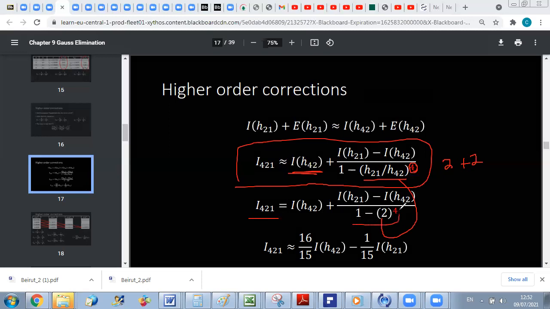I just have to replace this term, and you find the coefficient of I(h42) is 1 minus 1 over (1 minus 2 to the power 4), while for h21 the coefficient will be 1 over (1 minus 2 to the power 4). This results in a coefficient of 16 over 15 for I(h42) and minus 1 over 15 for I(h21).